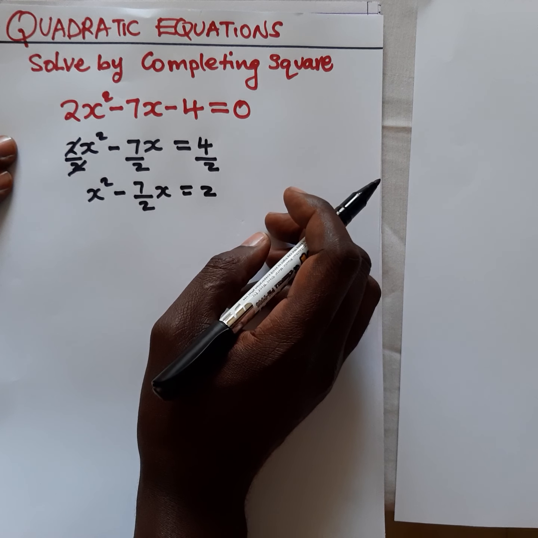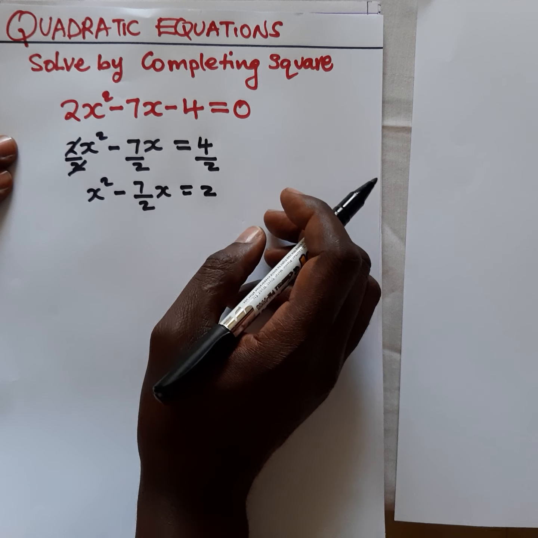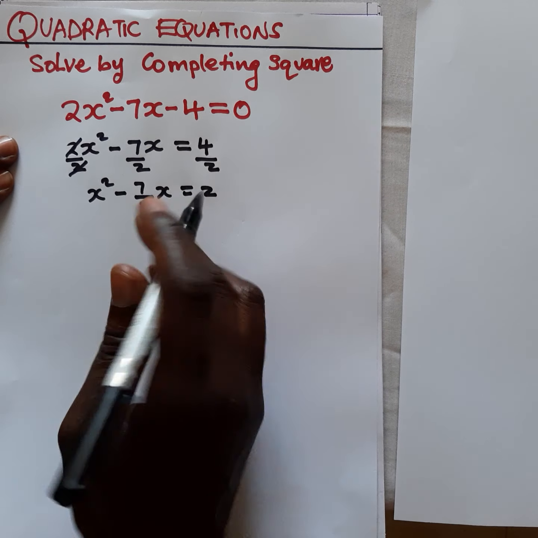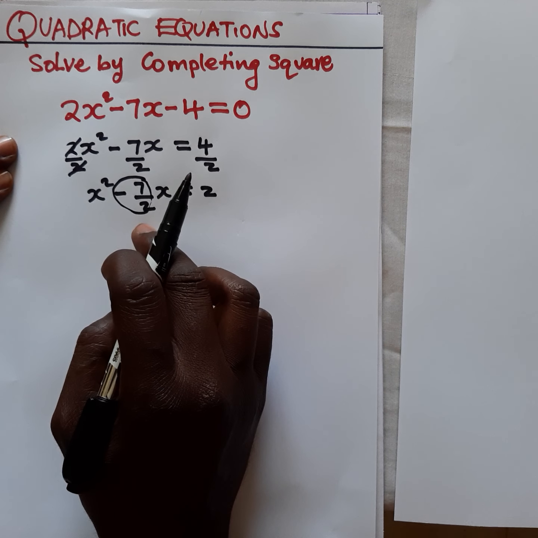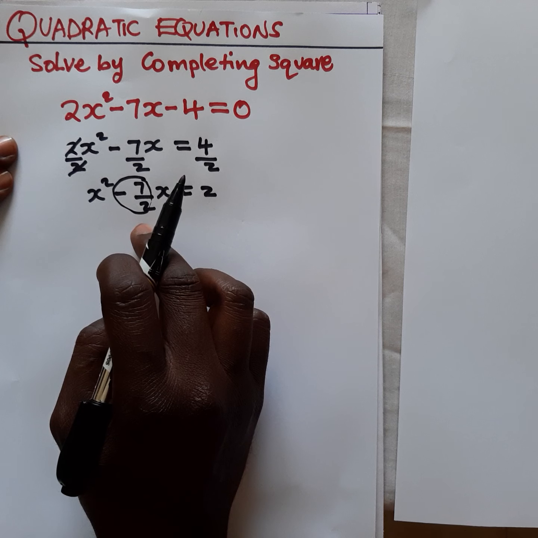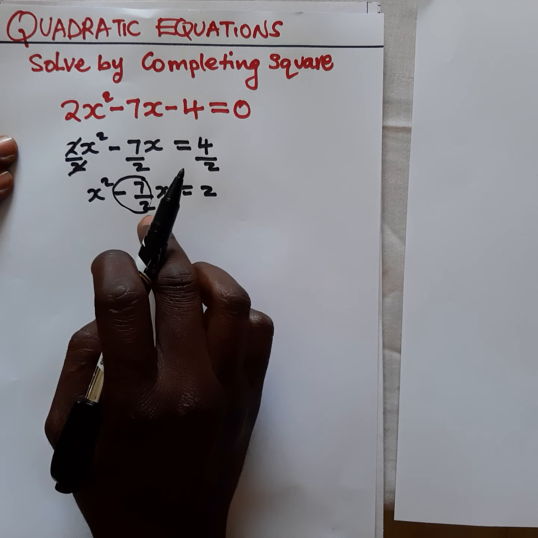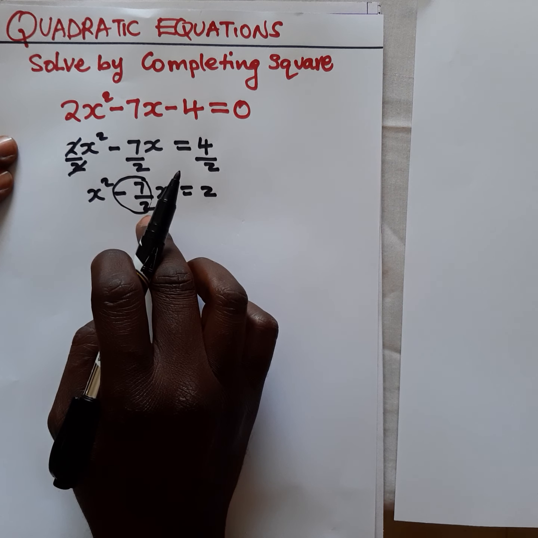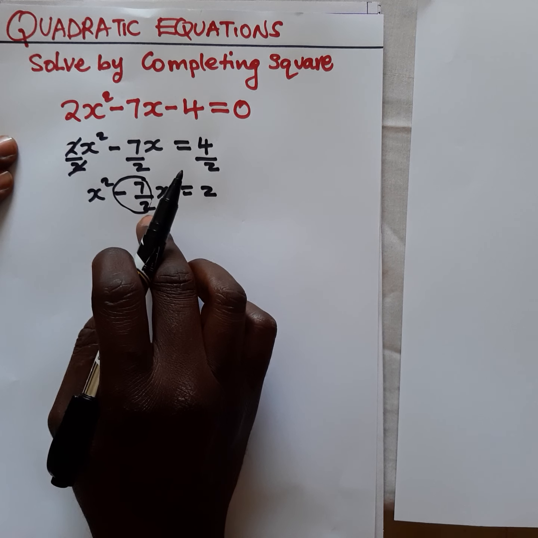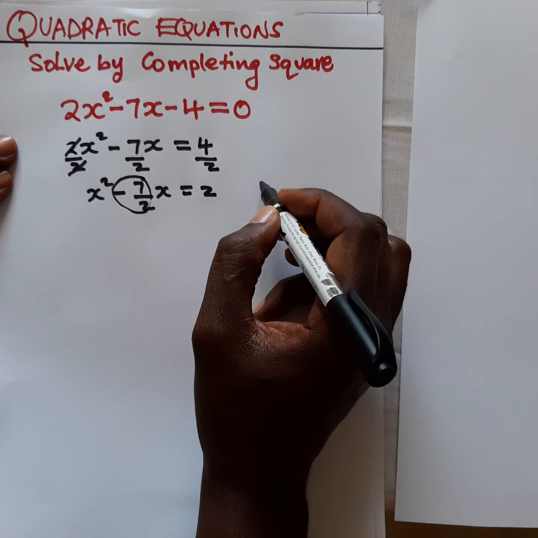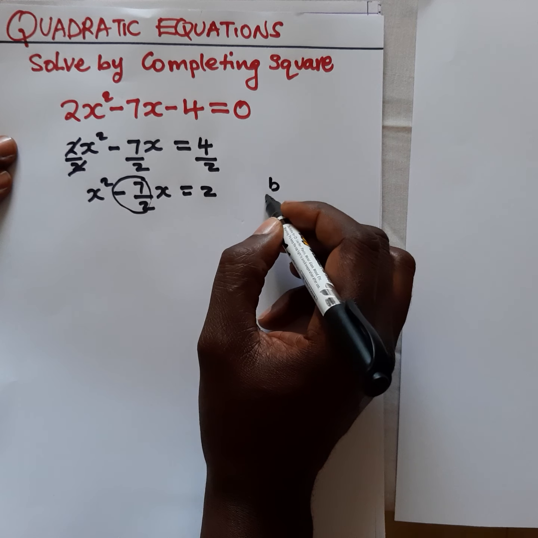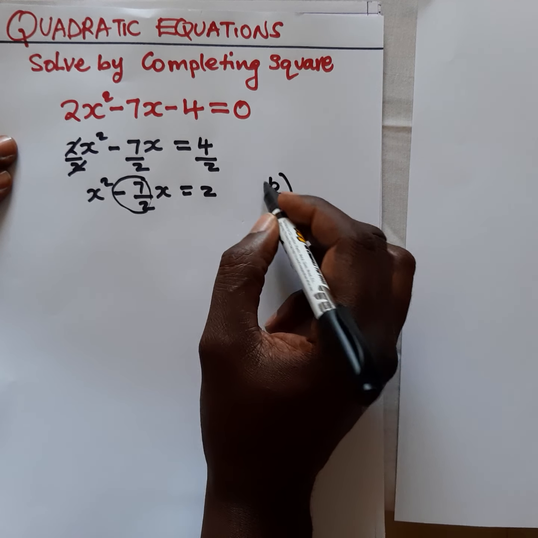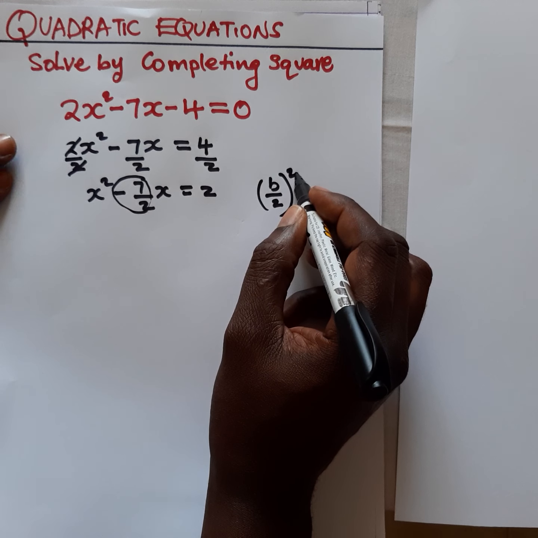Now, to complete the square, we take the coefficient of x, that is -7 over 2, then divide it by 2, and then we square it. So basically, we use this formula, b over 2, then we square it.